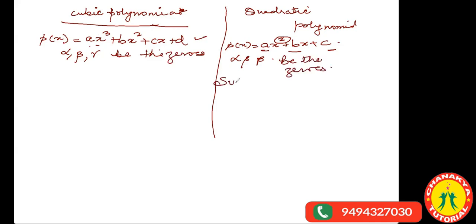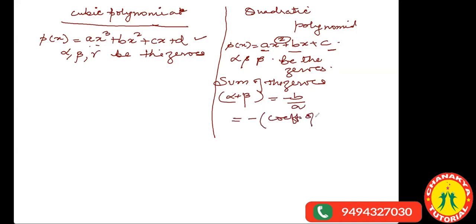Now the sum of the zeros. The sum of the zeros means alpha plus beta. So it will be minus b by a. Or you can learn it like this: minus coefficient of x upon coefficient of x square.